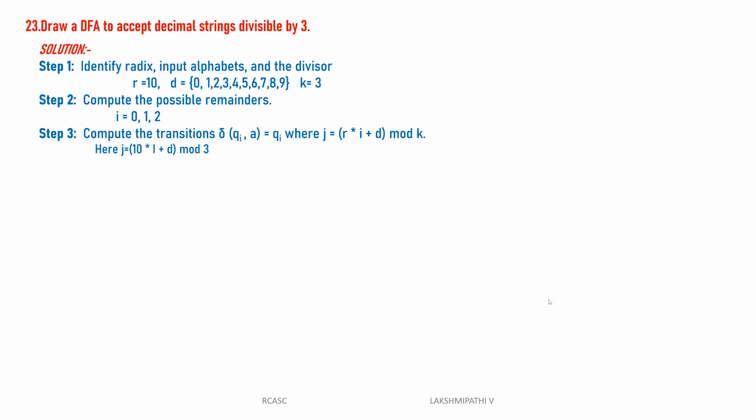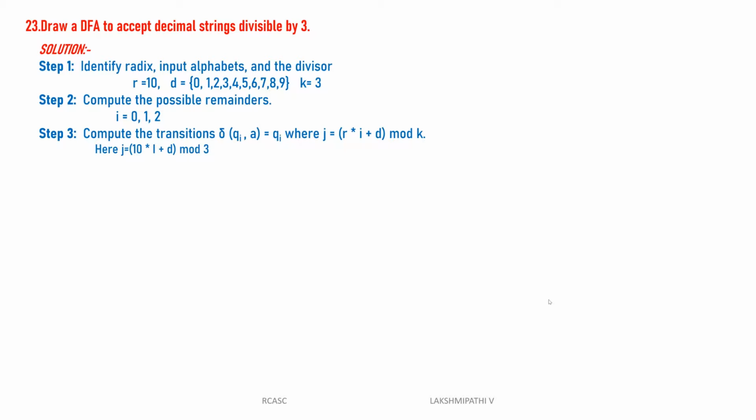Then we can take i as the remainders obtained after division by k. k means 3, which the question itself clearly mentions. When any number is divided by 3, the possible remainders are 0, 1, 2.